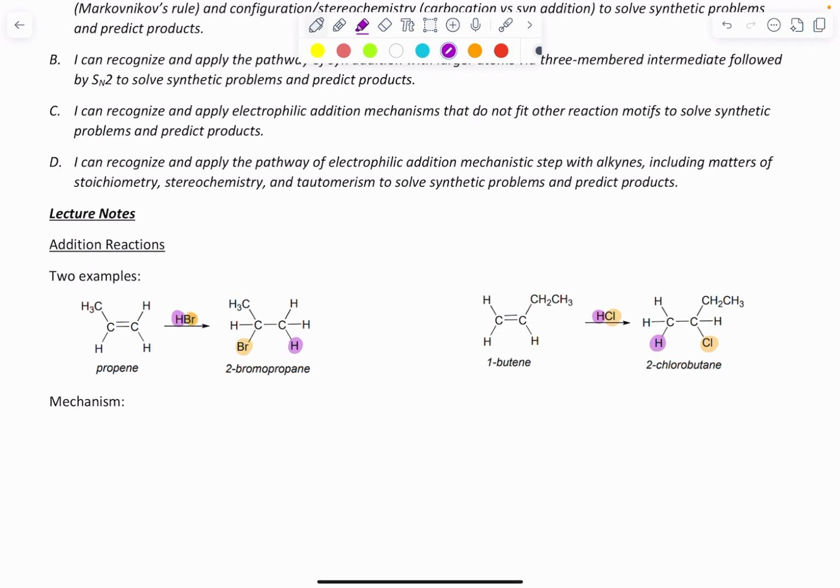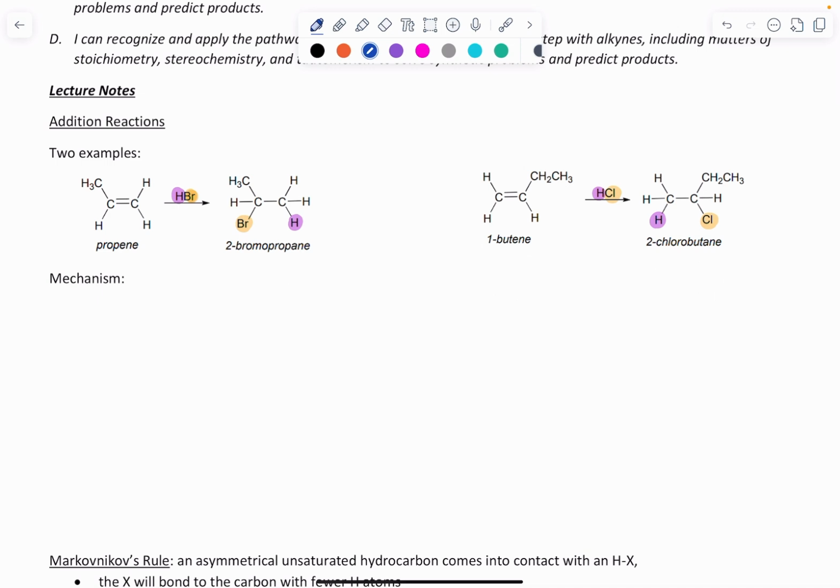Okay, so let's draw the mechanism to understand how these strong acids, HBr, HCl, can be added to an alkene molecule. So we'll use the example with propene and actually just draw these steps out. So I'm just copying down propene right now.